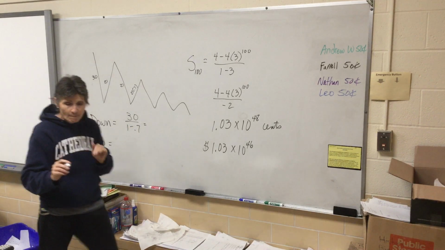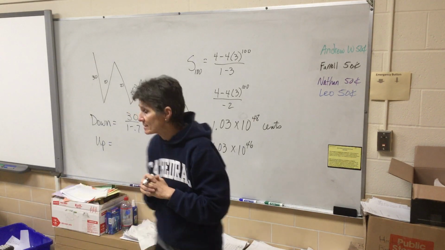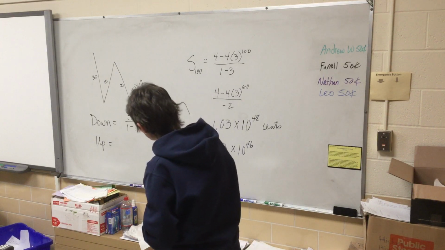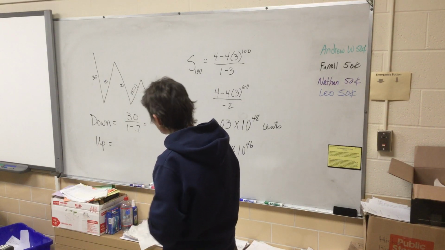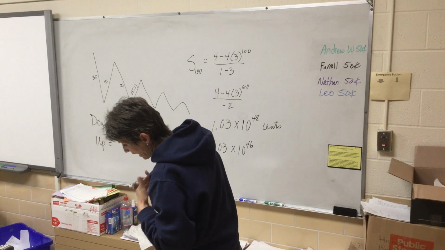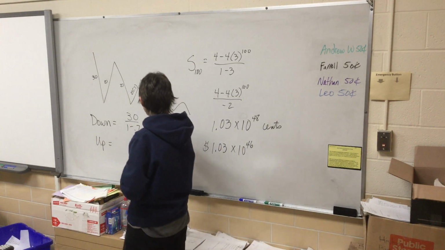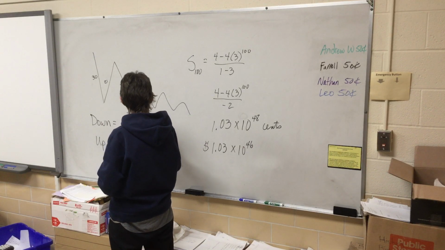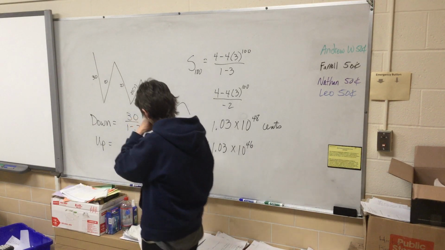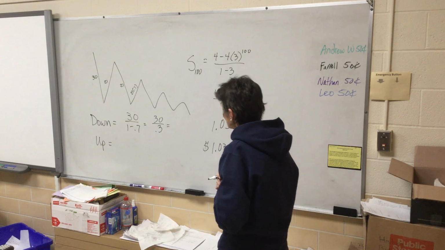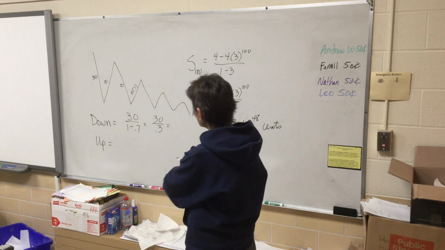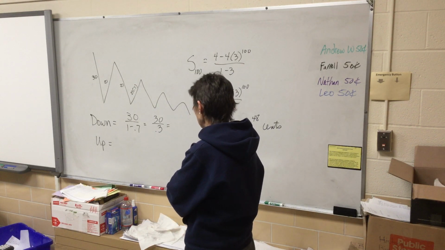There's nothing magical about that, guys. They tell me the first term is 30, and they tell me the ratio is 0.7. I keep multiplying by 7/10. So that's 30 over 0.3. What's 30 divided by 0.3?